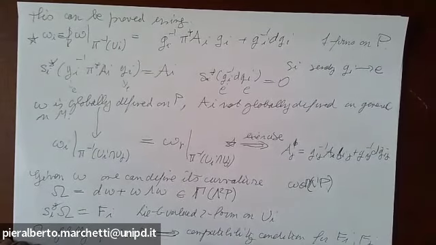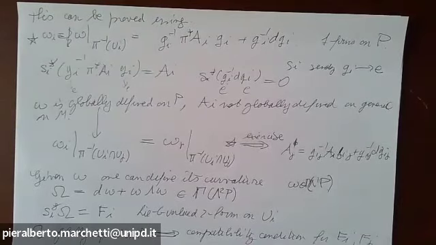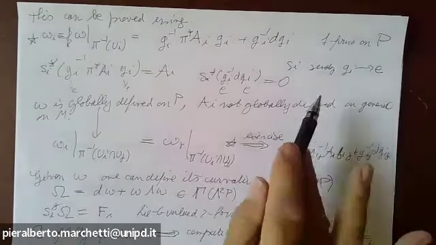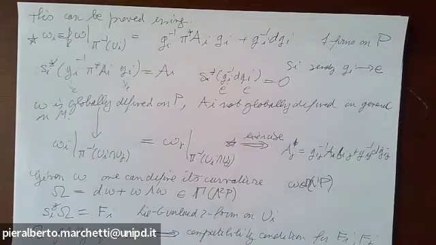And you can check that the compatibility condition is F_j equals G_ij^{-1} F_i G_ij. This is a good exercise. Again, you can check it immediately by applying the pullback, using this property, and two lines of computation give this.